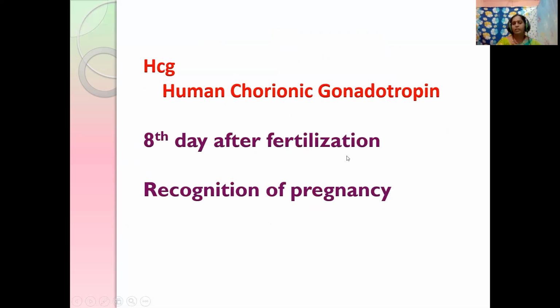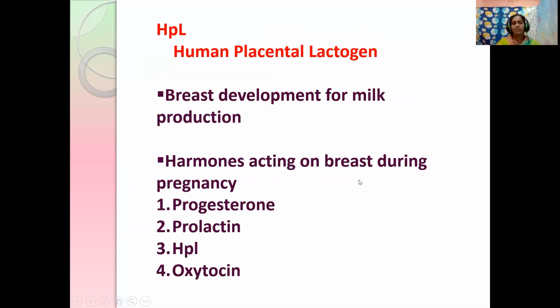This hormone is easily identified to check whether pregnancy has come or not. Next comes human placental lactogen.